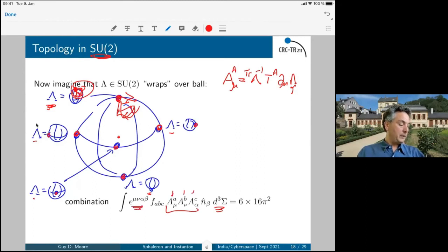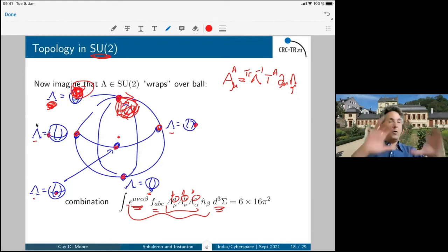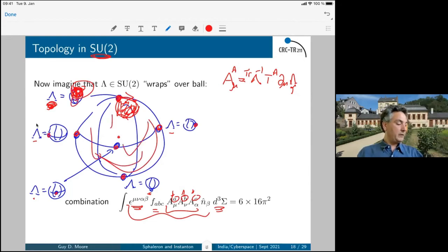This epsilon picks my A's in 3 orthogonal directions, and this F picks the 3 directions in this lambda space. And so this combination tells for each piece of physical space how much of the gauge field space have I covered. And if I've wound over this physical space in my gauge space, then the area I cover here will be equal to the area of the 3-sphere, which is 16 pi squared.